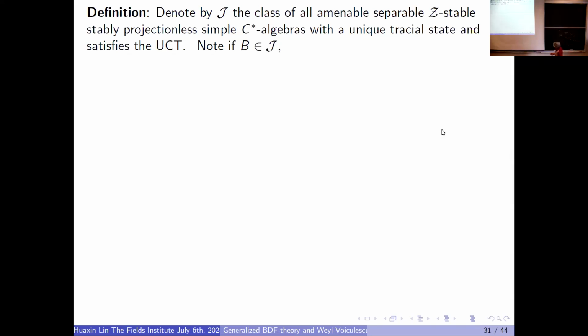Now, let's look at a special case. We say you have a class of amenable separable Z-stable C-star algebras. These are also stably projectionless simple C-star algebras with a unique tracial state and satisfy UCT. Now, if B is in this class, then B is never unital, since there is no projection whatsoever.